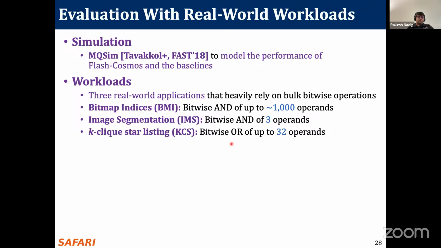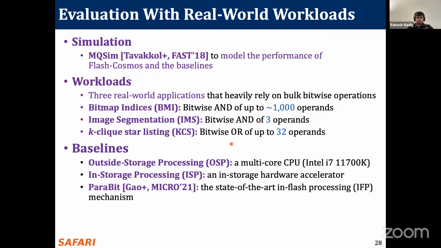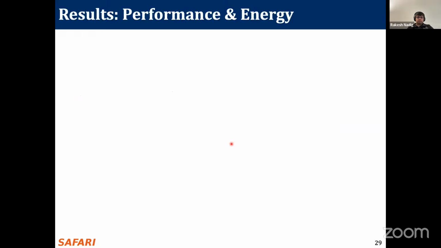We use 3 applications: bitmap indices, where we typically perform bitwise AND of up to 1,000 operands; image segmentation, which performs bitwise AND of 3 operands; and k-clique star listing, which performs bitwise OR of up to 32 operands. We implement baselines such as outside storage processing (OSP), multi-core, which models a multi-core CPU, in-storage processing (ISP), which models an in-storage hardware accelerator, and ParaBit, which is the state-of-the-art in-flash processing technique.